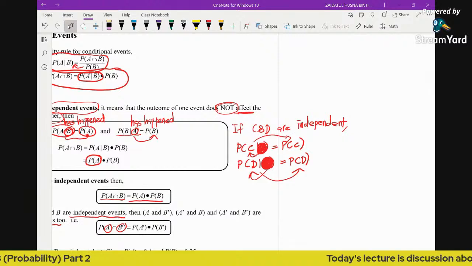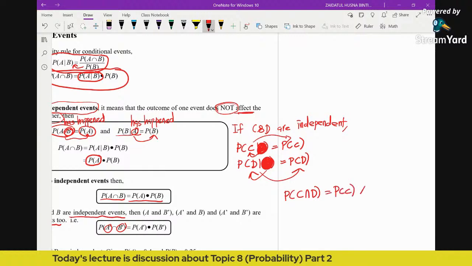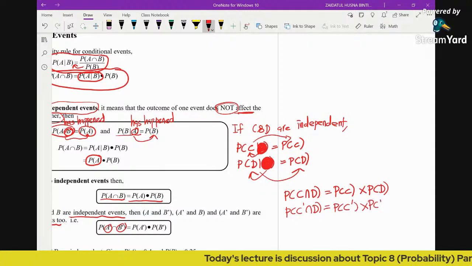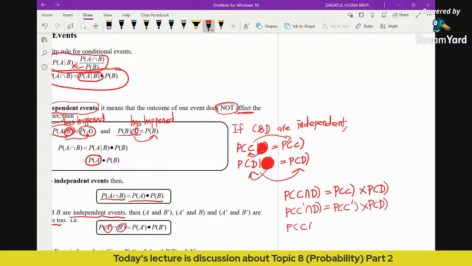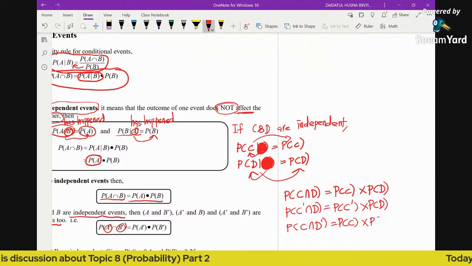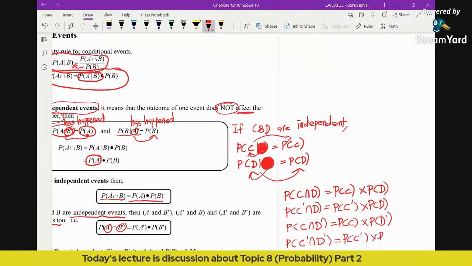The same thing here. If C and D are independent, probability of C intersect D is equal to probability of C multiplied by probability of D, and probability of C prime intersect D equals probability of C prime multiplied by probability of D, and probability of C intersect D prime is equal to probability of C multiplied by probability of D prime, and lastly probability of C prime intersect D prime is equal to probability of C prime multiplied by probability of D prime.